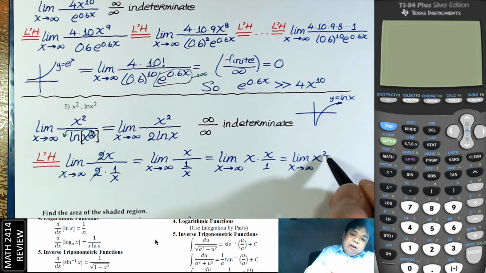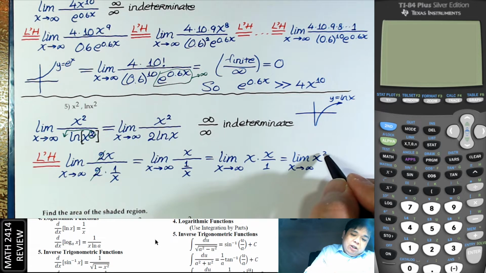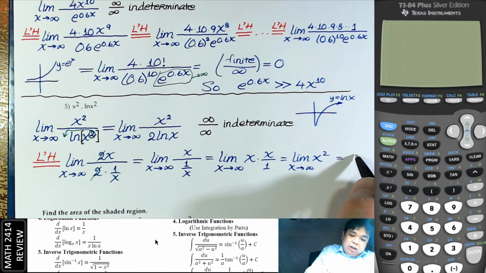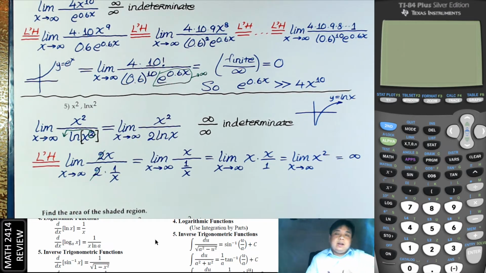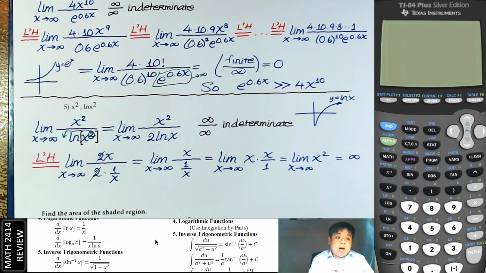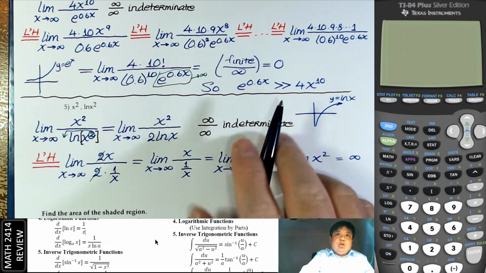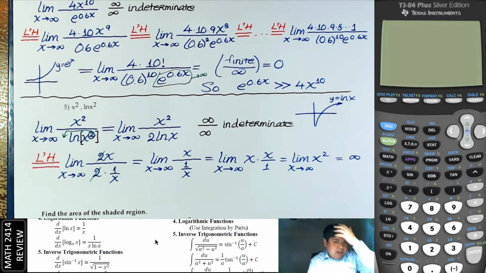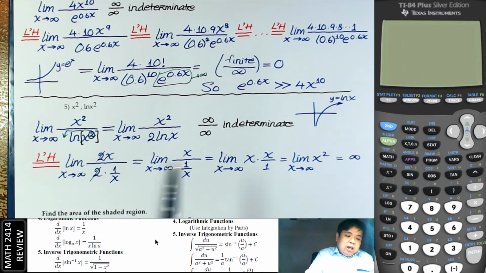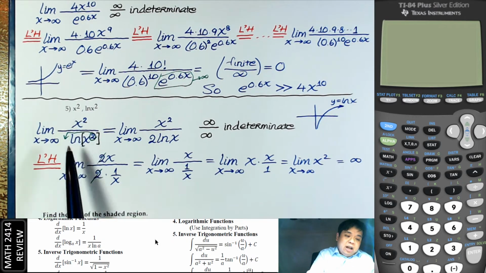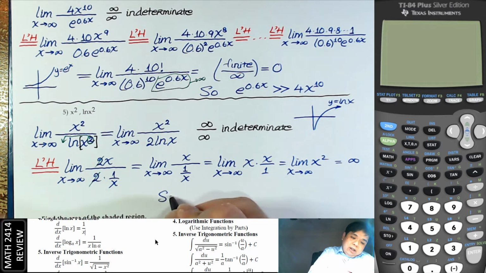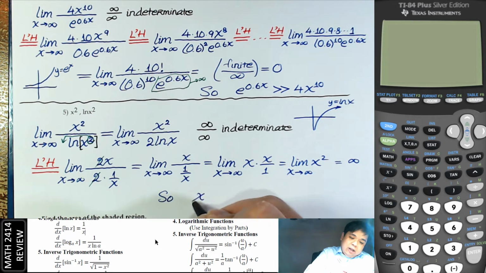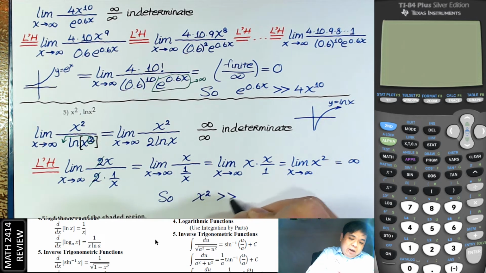And now x go to infinity, so infinity square. So that's going to be infinity. Now, if it is infinity, that means the top goes faster than the bottom. Otherwise, that would be 0. If it is the other way around. So the top goes faster than the bottom. So we say x squared go faster than ln of x squared.